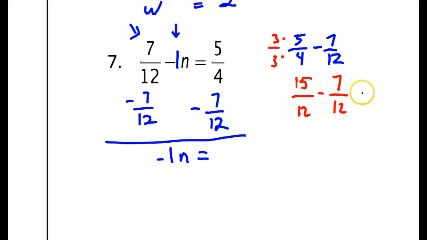And 15 minus 7 is 8. 12. And without being told, remember, always reduce fractions. So 8/12, if we divide top and bottom by 4, is 2/3.